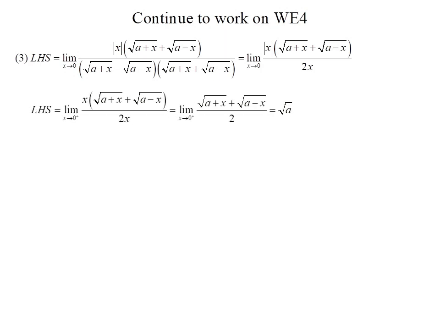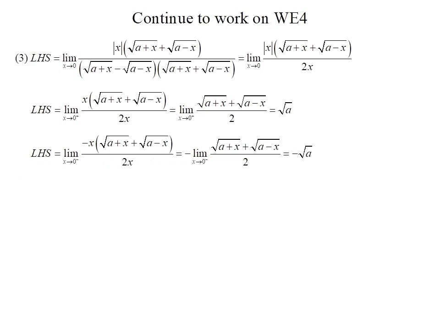When x approaches 0 from the right, the limit equals x times the sum of the square root of a plus x and the square root of a minus x, all over 2x, which equals square root a after being simplified.